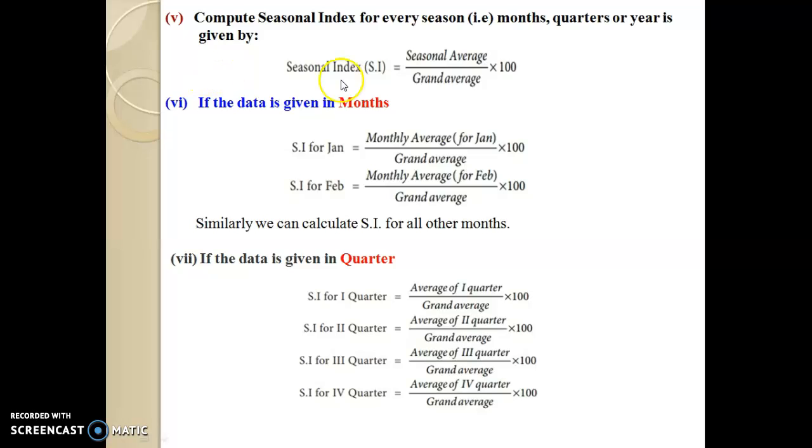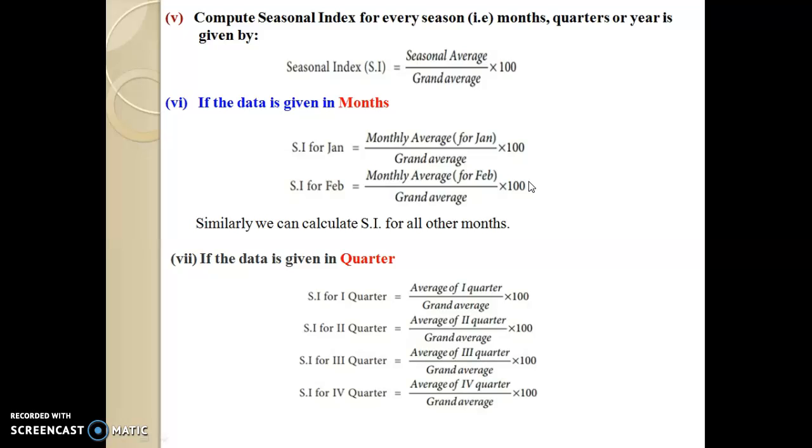If the data is given in months, that is 12 months in the year, the seasonal index for January equals the monthly average of January divided by the grand average multiplied by 100. Seasonal index for February equals the monthly average of February divided by the grand average multiplied by 100.